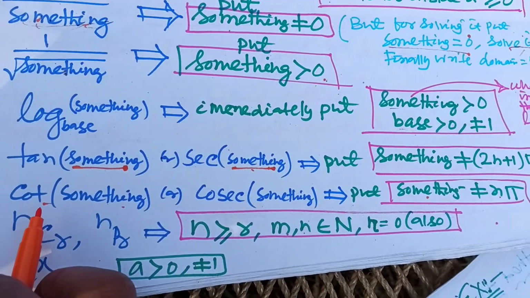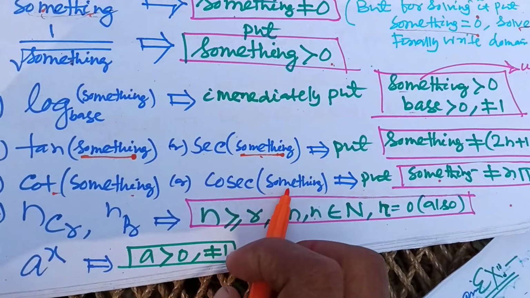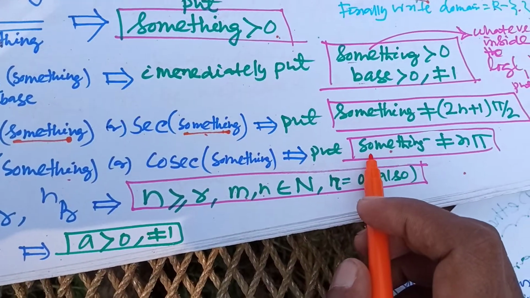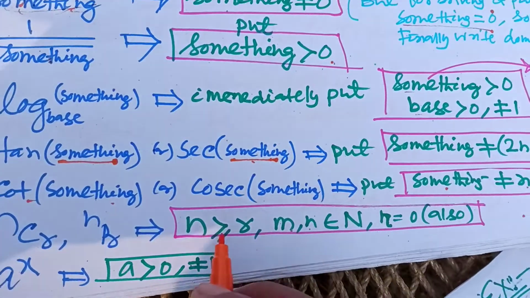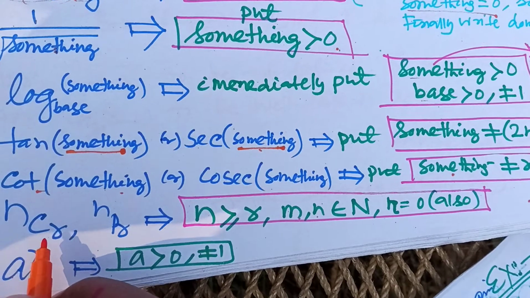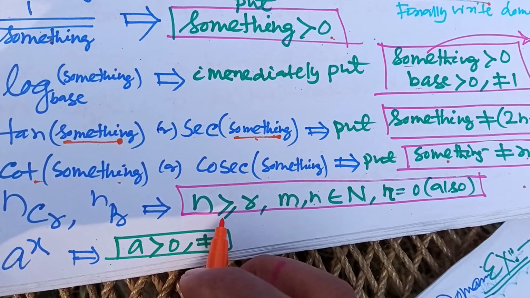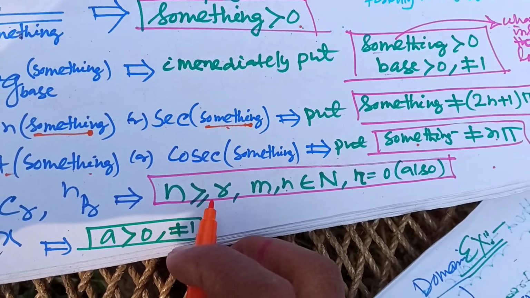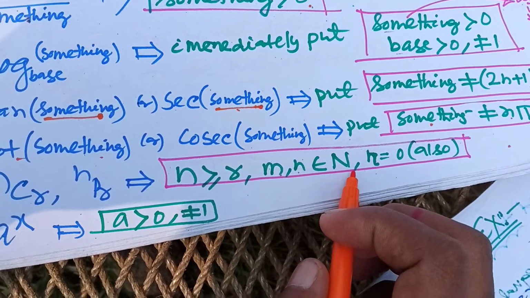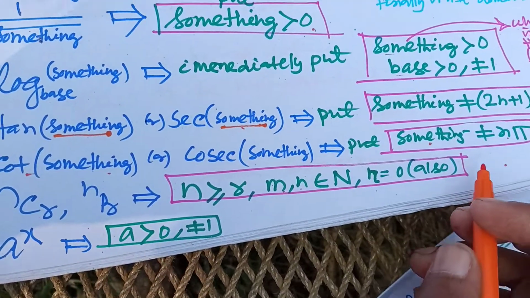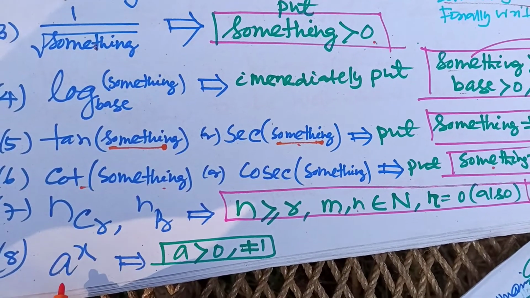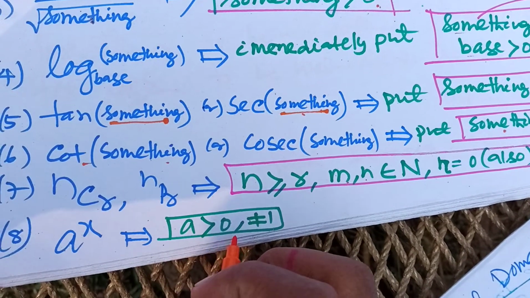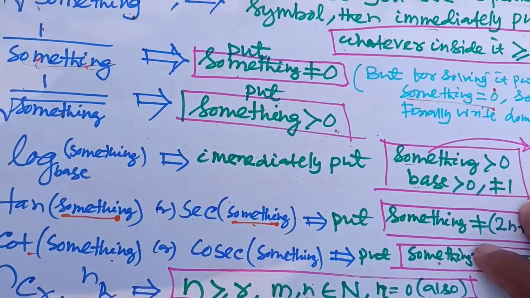Or whenever you see cot of something or cosec of something, always put something not equal to n pi. For an expression of the form nCr or nPr, you write the condition n greater than or equal to r, where n belongs to the natural numbers, and r can be 0 also. For an exponential function a to the power f of x, you have to put a greater than 0 and not equal to 1. So let's see an example.